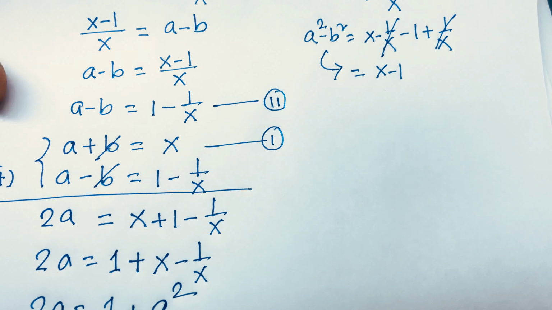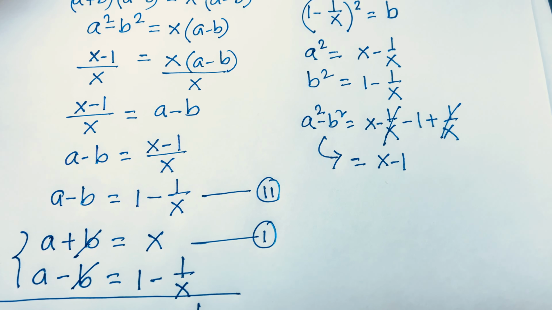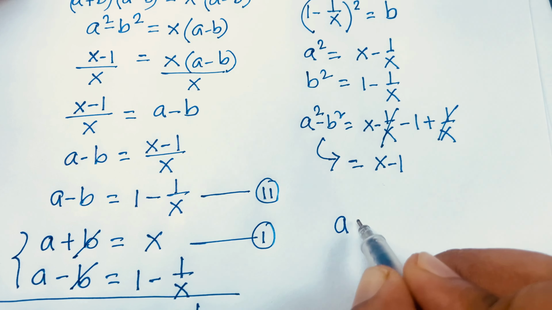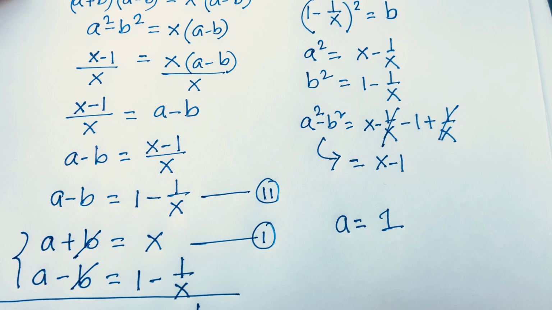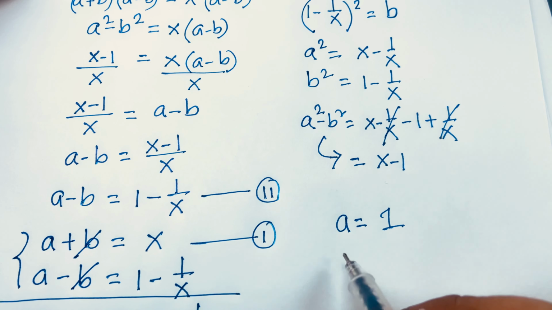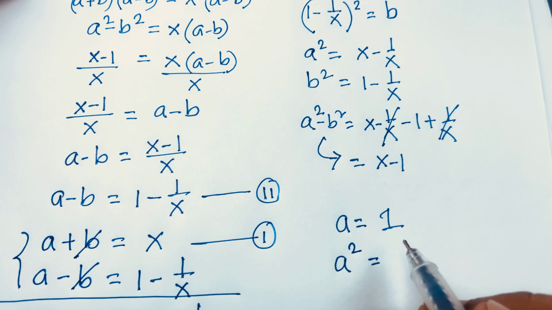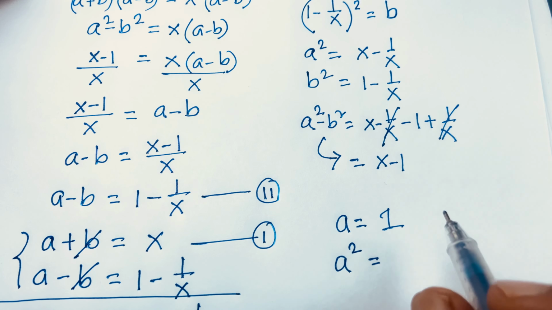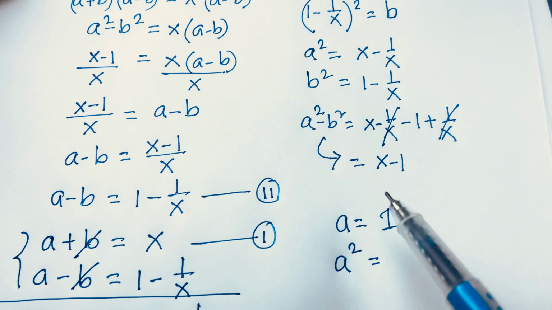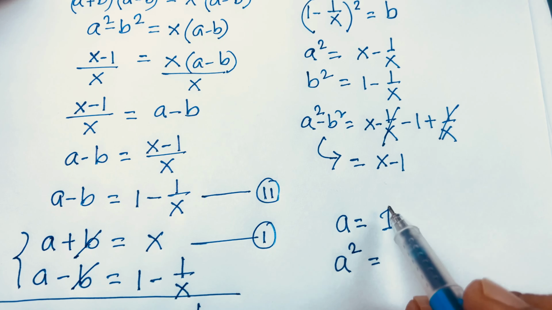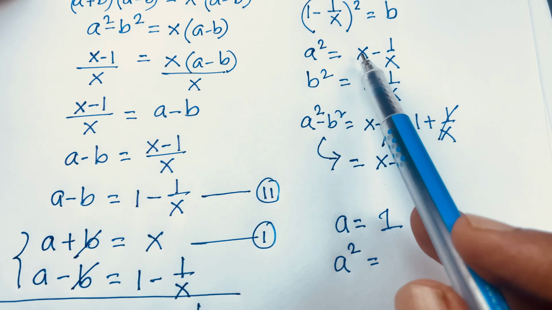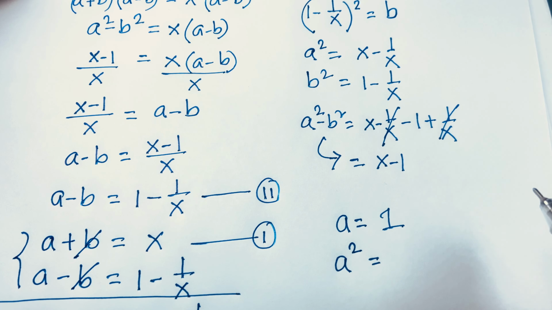Okay, in this question a is equal to 1, but we need x. Remember that a is equal to 1, but a square is equal to x minus 1 over x.